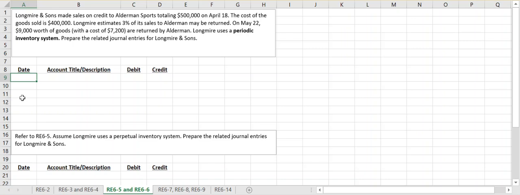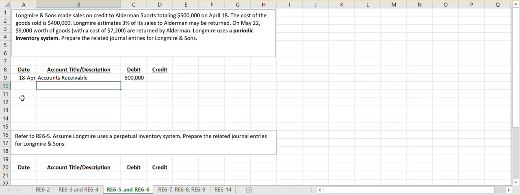So on April 18th, we have an on-account sale. So we have accounts receivable in total of $500,000. That's technically how much we're owed from Alderman Sports. However, we know that there is a probability that we are going to get back approximately 3% of that sales.